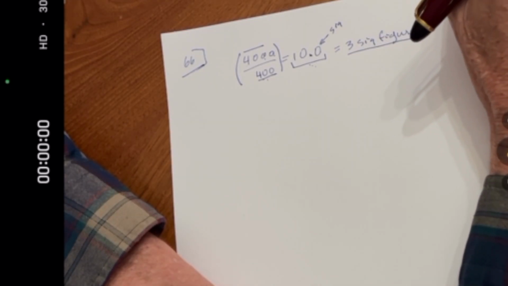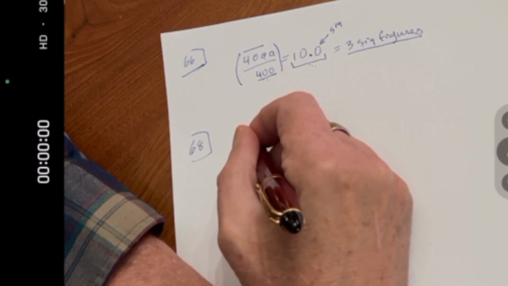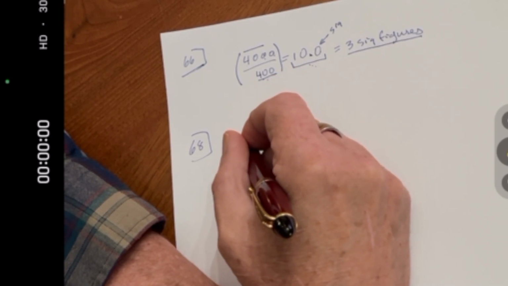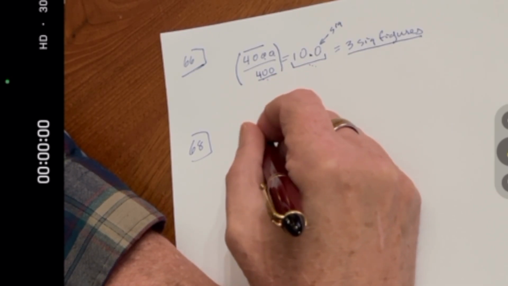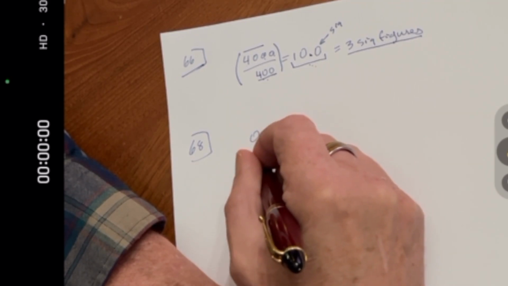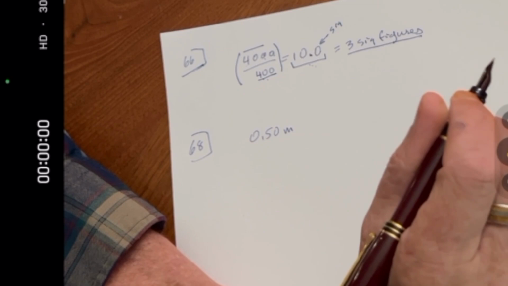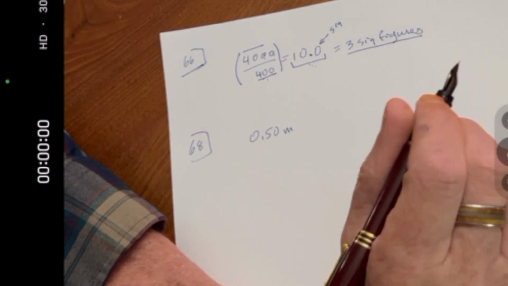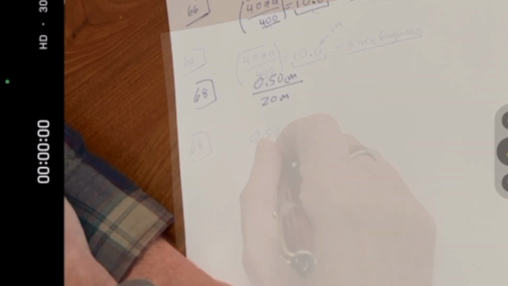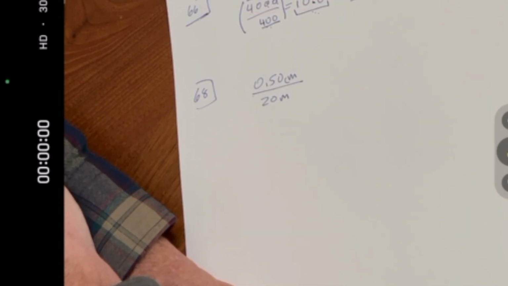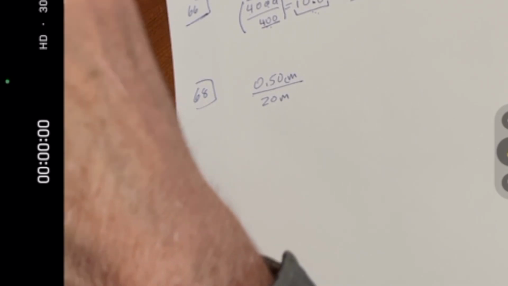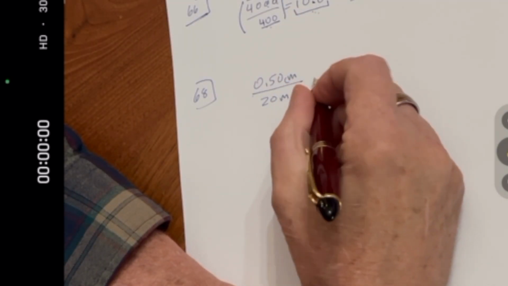Now the next one is number 68. Now 68 says, as you can read, that a good quality measuring tape can be off by 1/2 centimeter with two significant figures, over a distance of 20 meters. Now, how do we figure out the error here? Well, first of all, we need to convert all of these to the correct form as far as scientific notation goes.